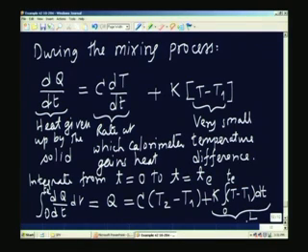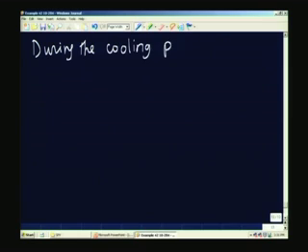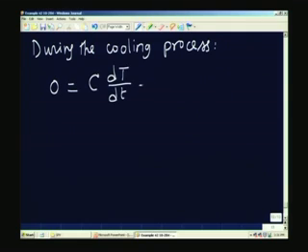So, during the mixing process we had the equation which is given here. During the subsequent cooling process, the left hand side is 0. So, we can say that during the cooling process, which is subsequent to the mixing process being complete, 0 must be equal to C dT/dt plus K into (T minus T1).